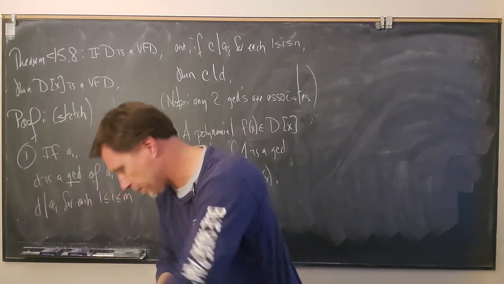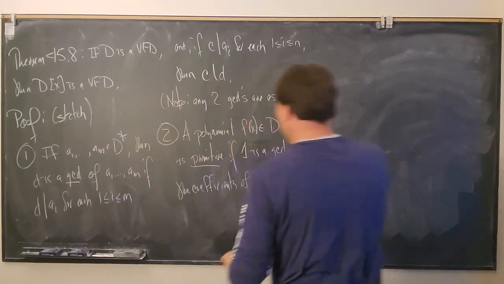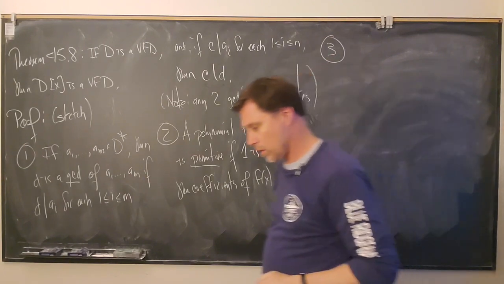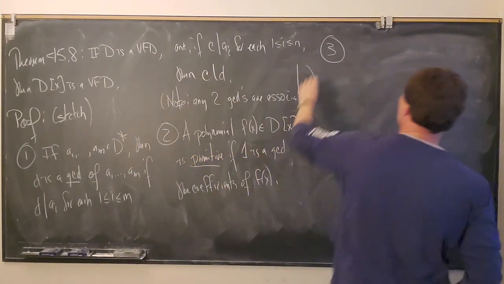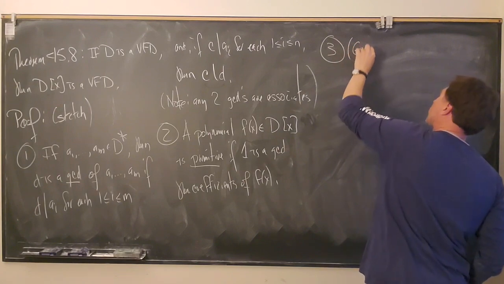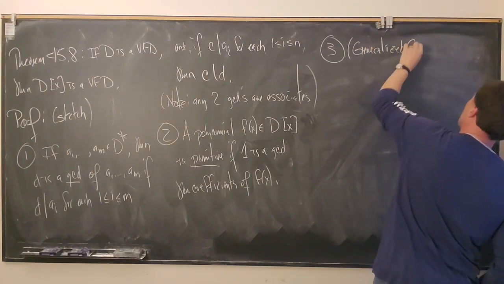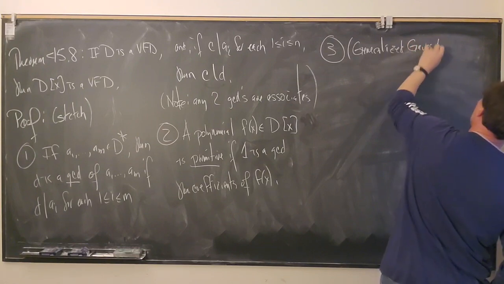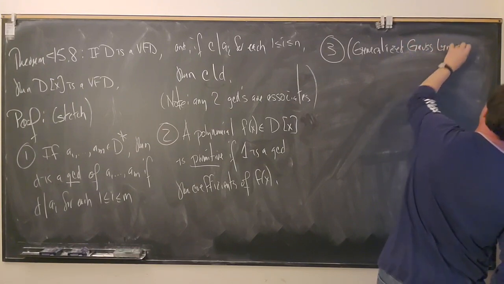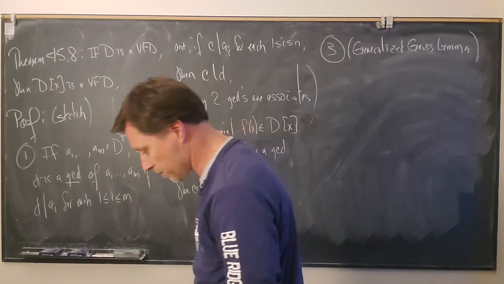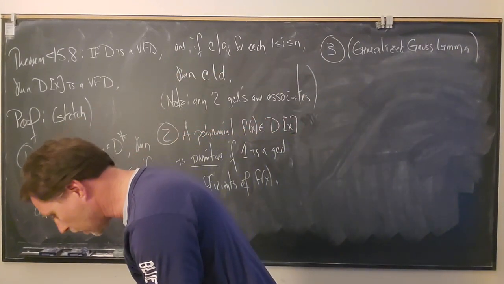The third step is that there is a generalized Gauss lemma. So in fact, let's call it that. Generalized Gauss lemma. So remember, the product of primitive polynomials is primitive.